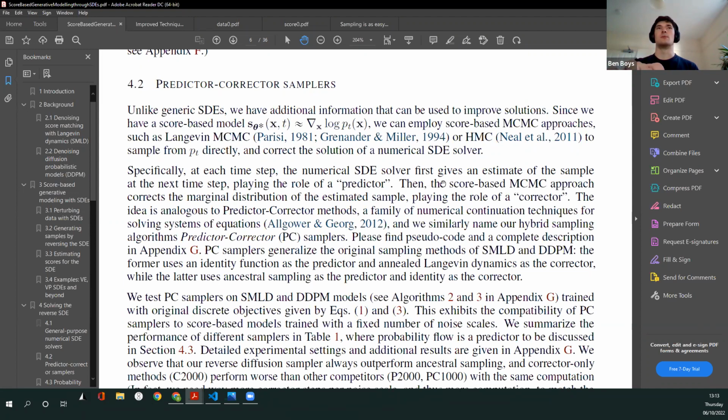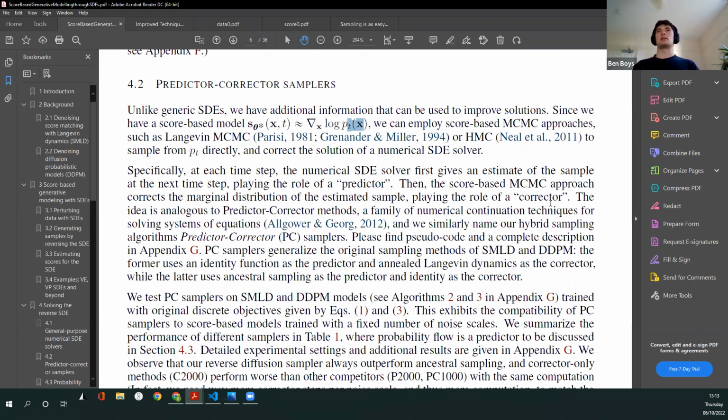Then the score-based MCMC approach corrects the marginal distribution, which is the sample PT of X, of the estimated sample, playing the role of the corrector. So it's making sure that after sampling this Ornstein-Uhlenbeck SDE, the dynamics are moving quite quickly, but you want to kind of pause each time step, make sure you're in the correct area of the distribution, and then go again.